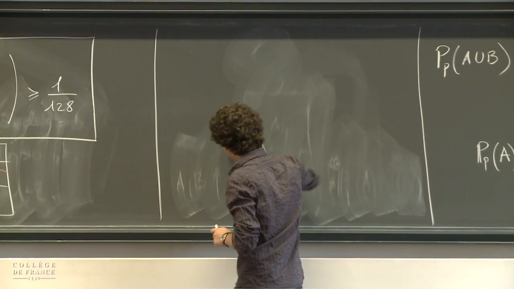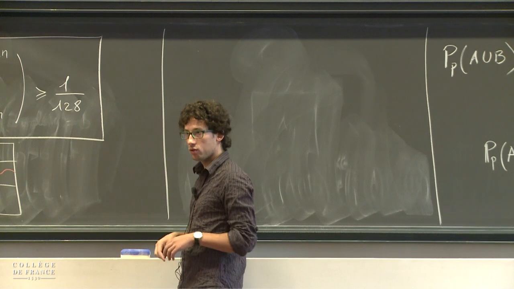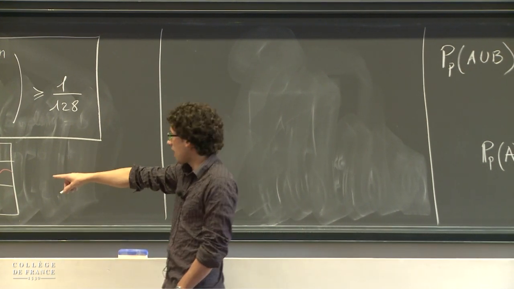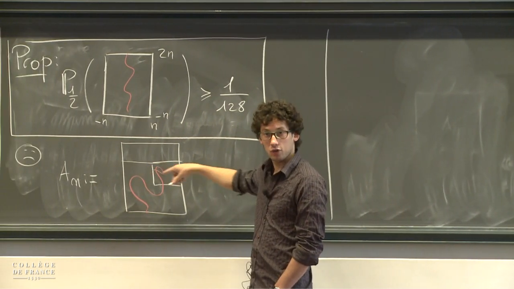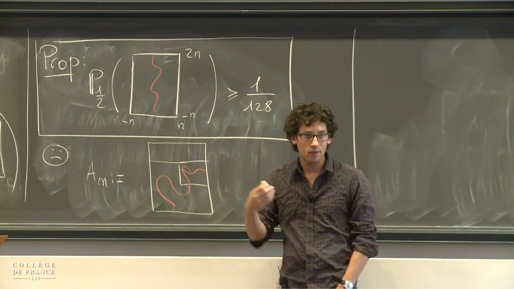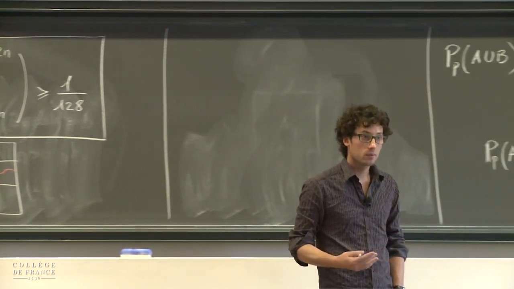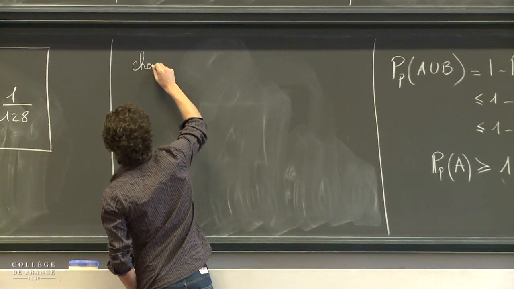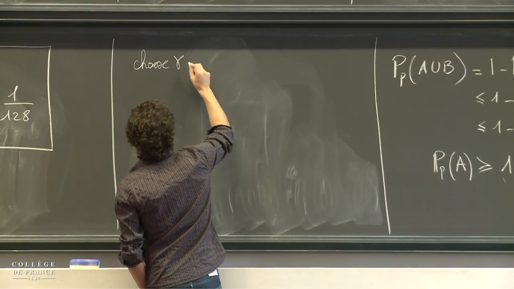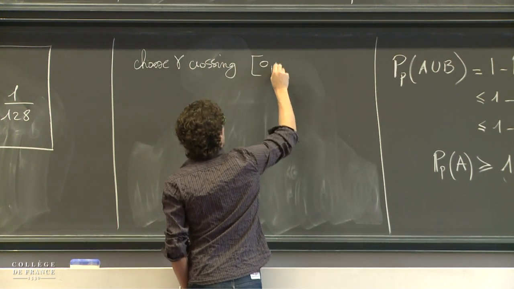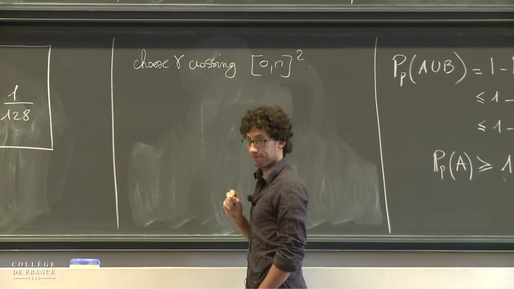And for that, I'm going to cut this event into several sub-events. So if A_n occurs, then I need to have a crossing of the box. OK? But now if I have a crossing of a box, I have a highest crossing. So let's just, for a moment, choose a crossing gamma of [0,n] squared.